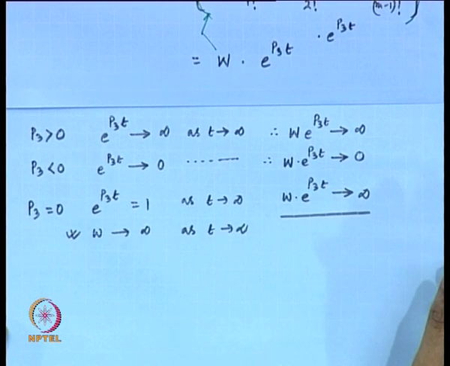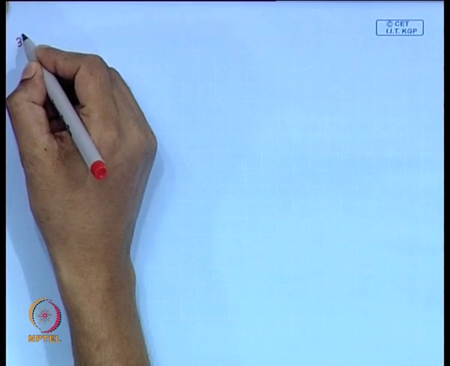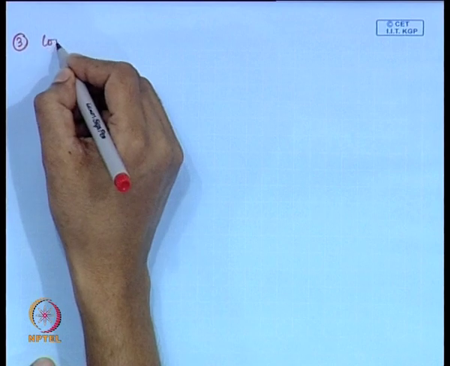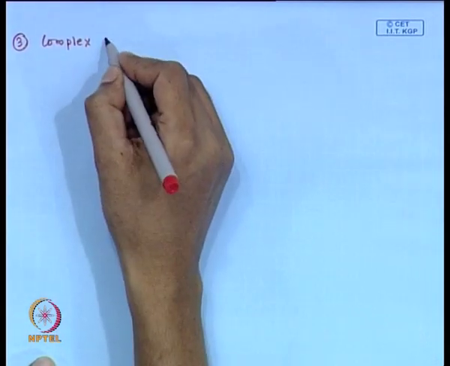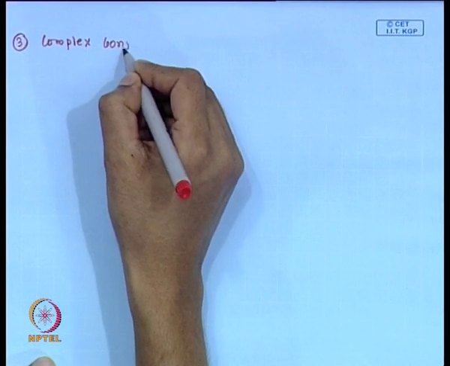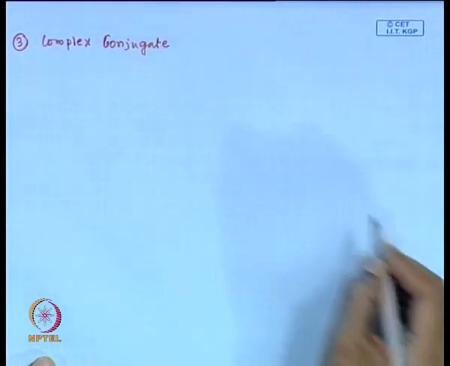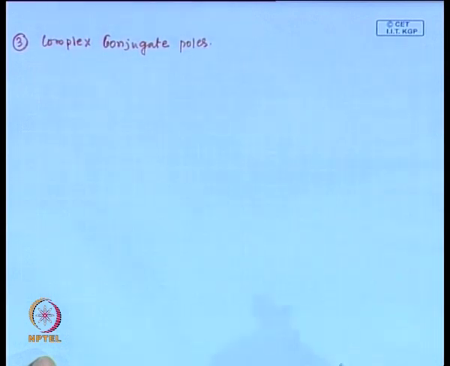Now, in the next case we will consider the complex conjugate poles, that is the third case. In the third case, we will consider complex conjugate poles.